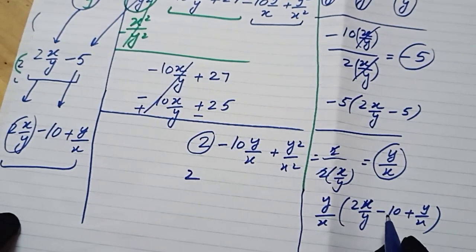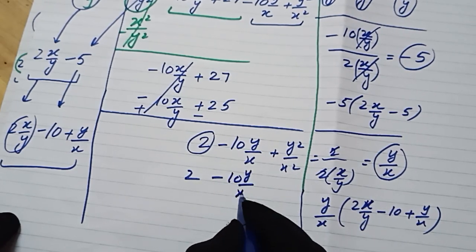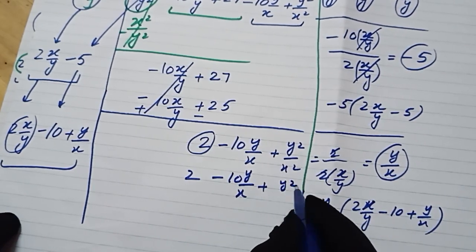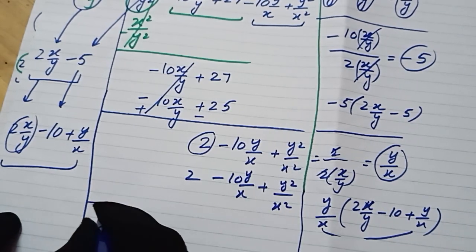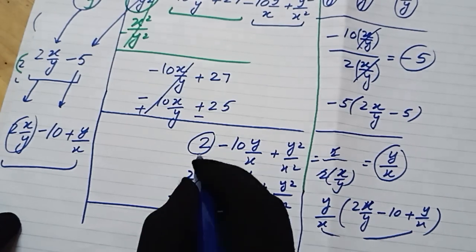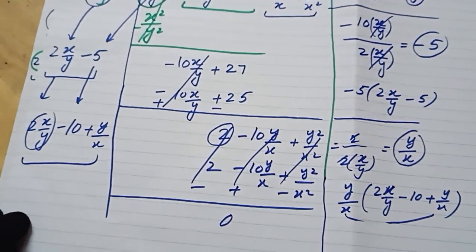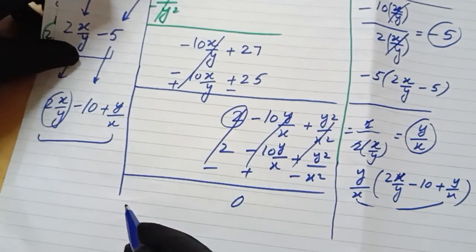Then minus 10 times y over x, plus y times y, y square, x times x, x square. This is the final term, so all the terms are equal with opposite signs. After subtraction, they give 0 remainder. Hence the given expression has this as its square root.